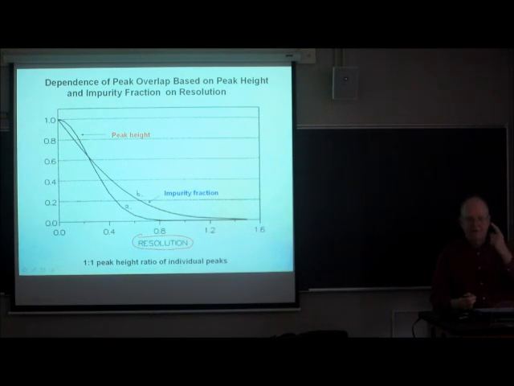You're only going to have one maximum. So out here, where we have, say, 0.6 or better, the error in the peak height is way smaller than the error in the fractional impurity, and therefore any area measurement would be much more difficult than a height measurement. And now when we get out here to say 1 or 1.2, there's virtually no error in the peak height.